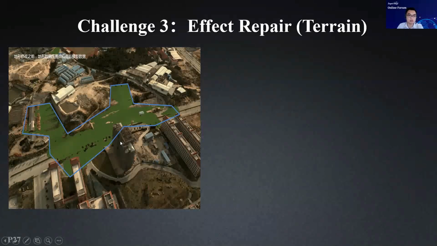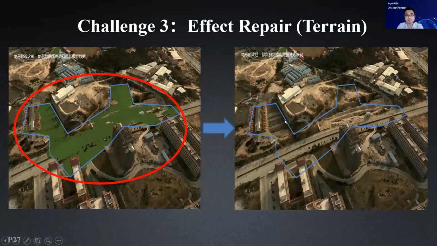So we have to overlay these 2 layers. But here, the optical photogrammetry data was overlaid by the terrain. So we have to remove them. So you can see we can do the effect repair. So after that, we can have a good effect.